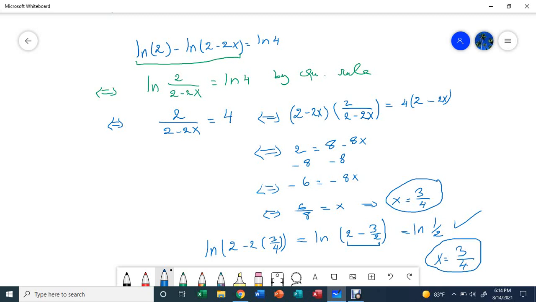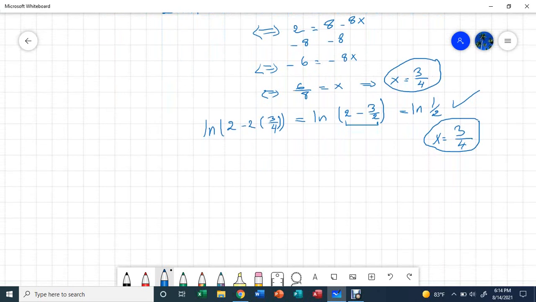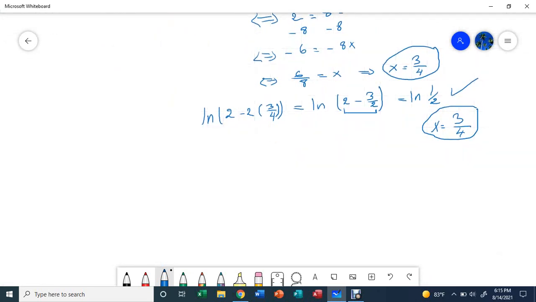But remember, you should always go back to your original equation and check your solution to see if it meets the requirement of the log domain. The domain of logarithm is all positive numbers, not even including 0. 0 is a vertical asymptote. The log function looks like this.